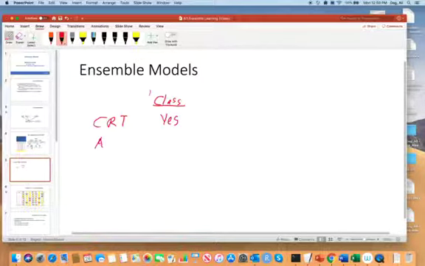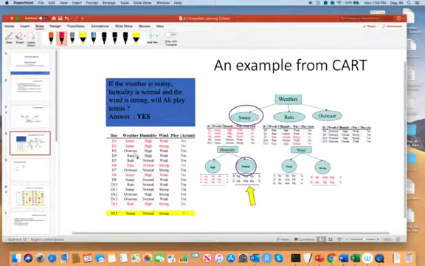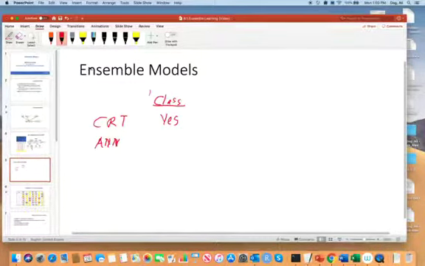Let's say in the future you use the same exact 14 days as the training data, and now you learn something from it based on ANN, but this time your rules are different, everything is different. It's not CRT anymore. So maybe for the same exact case, where the weather is sunny and the humidity is normal and the wind is strong, maybe ANN's decision will be something else. Maybe ANN will think that it is no.